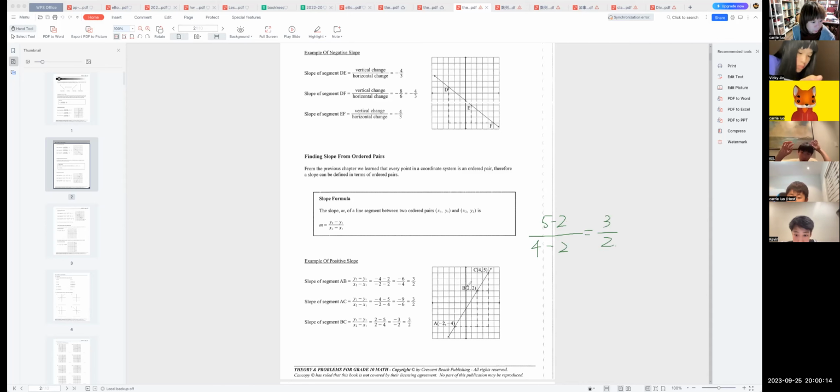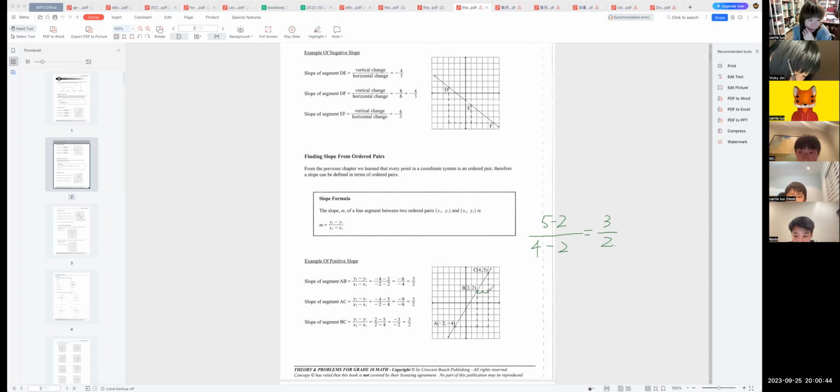You have a good way, right? Can you tell us your good way? It's like counting the blocks. Basically, from one point to the other, for the horizontal you count 1, 2, so 2 blocks. I don't do this for calculating the slope, I do this for drawing out the line.